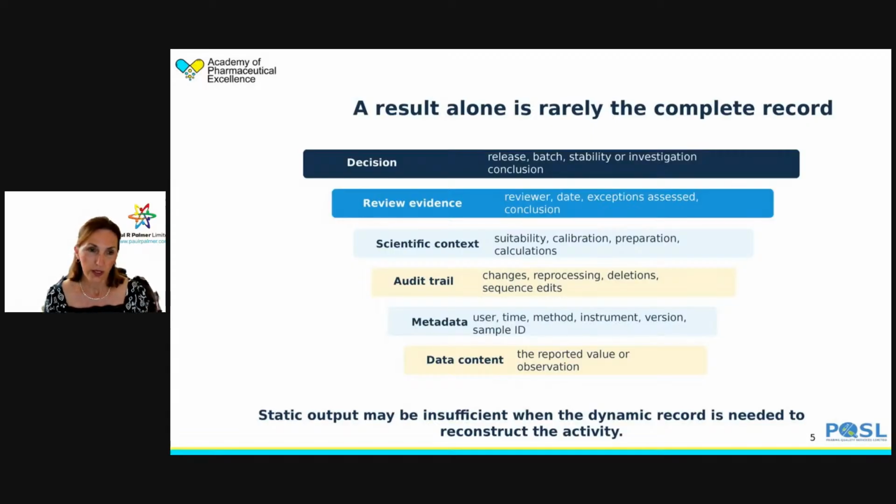So the inspector does not simply ask you where is the result. The inspector will ask where is the complete record and the context needed to understand this. And that leads directly into how they test the evidence in practice when they come to your site.